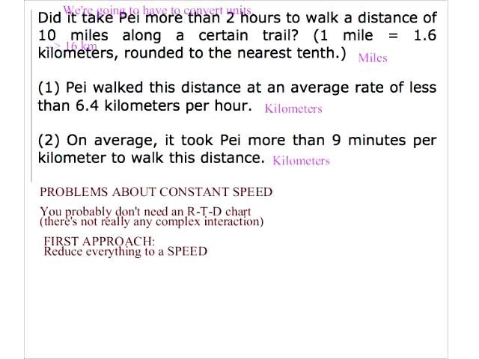So the question prompt asks, did Pei take more than 2 hours to walk 16 kilometers? So 16 kilometers in 2 hours is what speed? Go ahead and tell me in the chat box. What speed would that be?